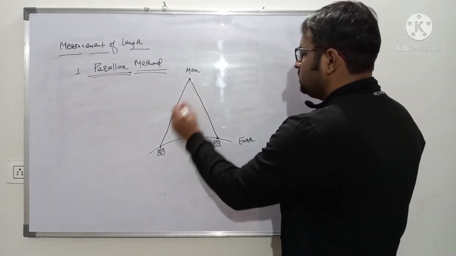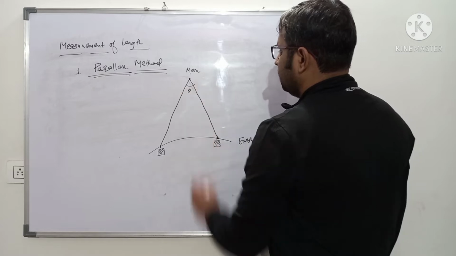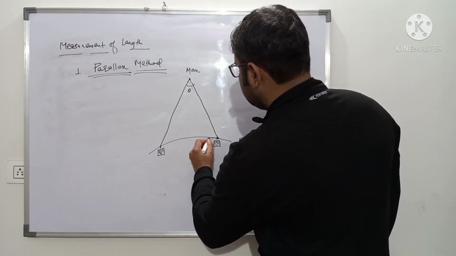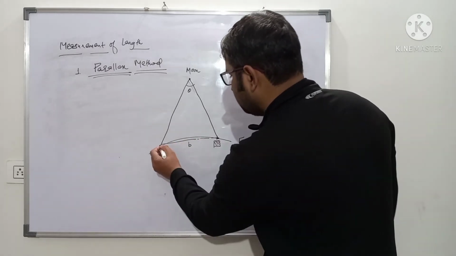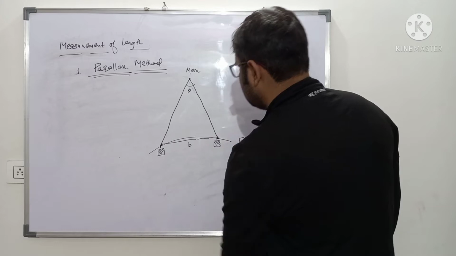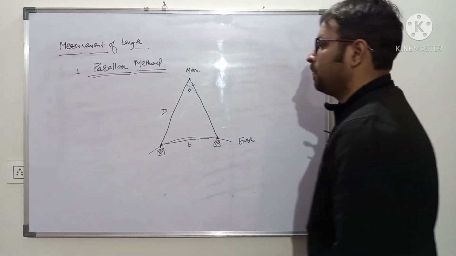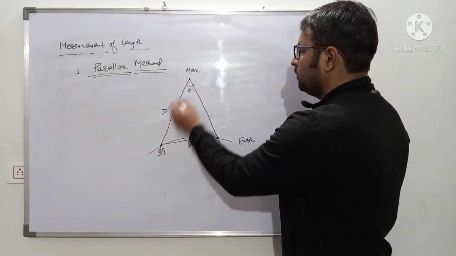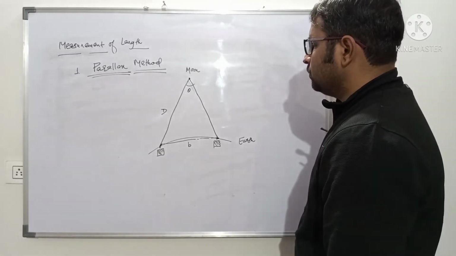So these two lines of sight make an angle of theta here. Let us assume that the distance between these two observatories is b, and the distance which we want to measure is d. This distance is between moon and Earth.